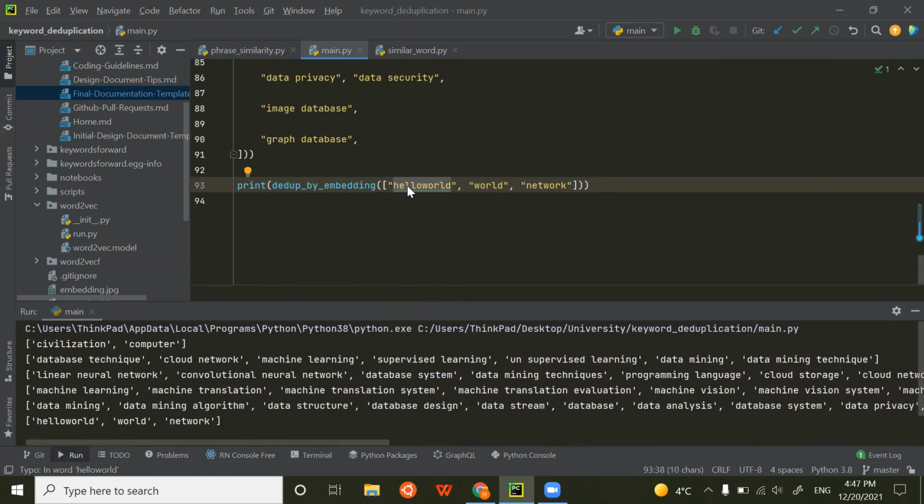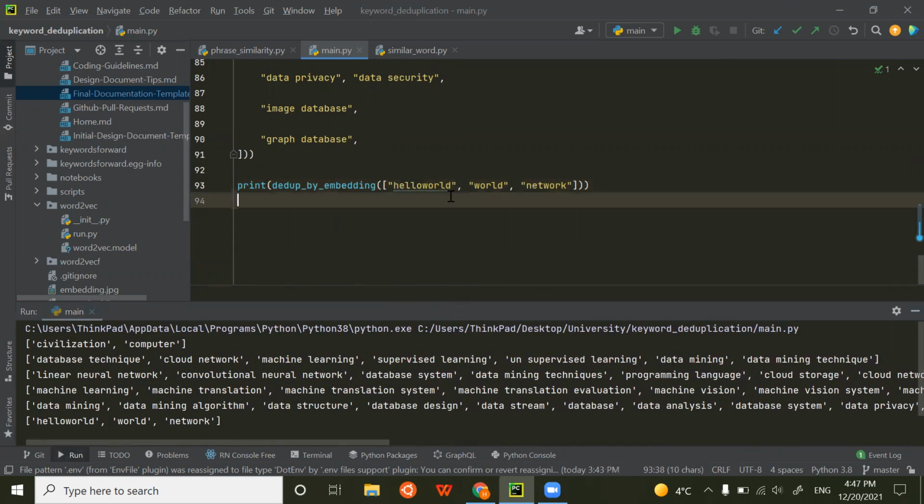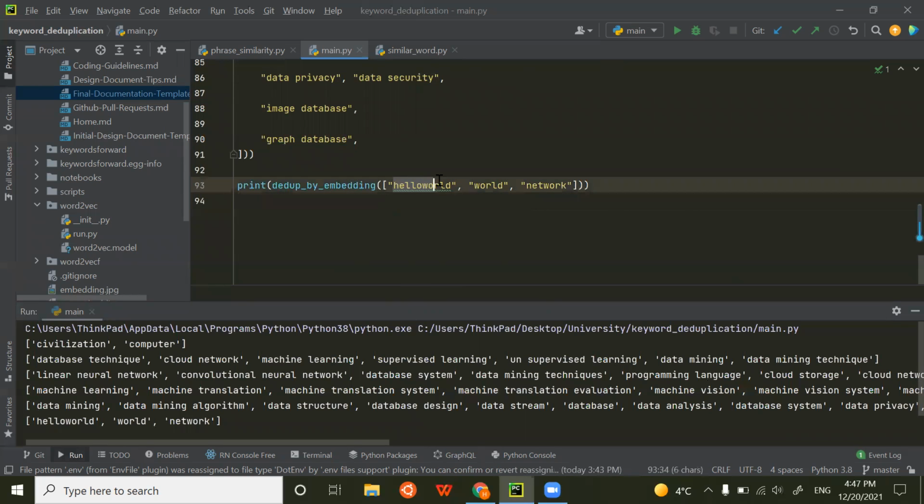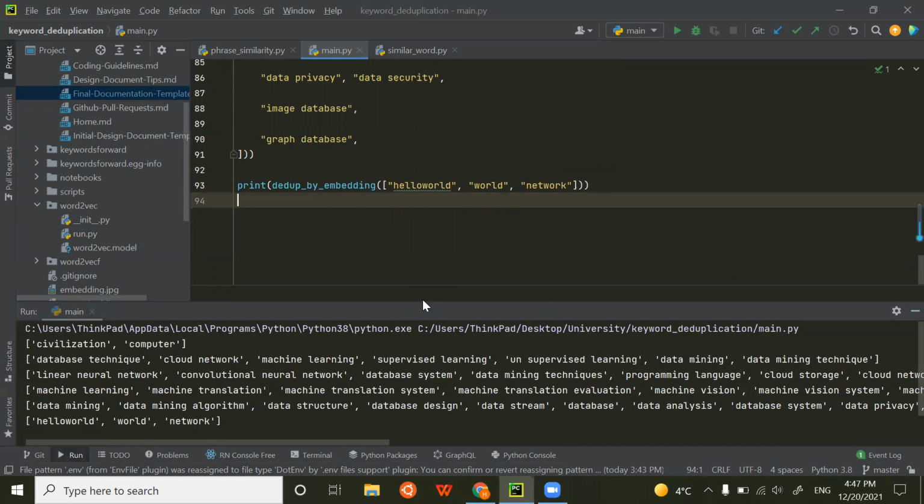Instead, it will just output it, because sometimes there may be unknown keywords or specific terms that are not in our trained word2vec model. When it cannot recognize them, it just outputs them. So if you try to deduplicate these three keywords, it will just output them, and it does not report any error.